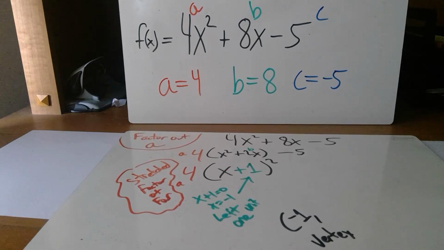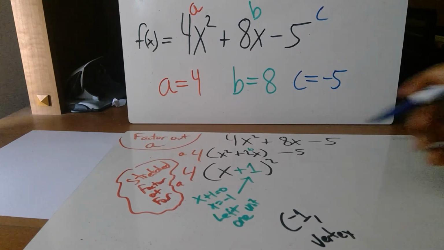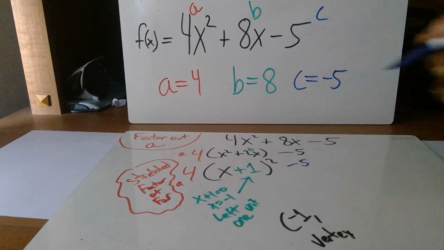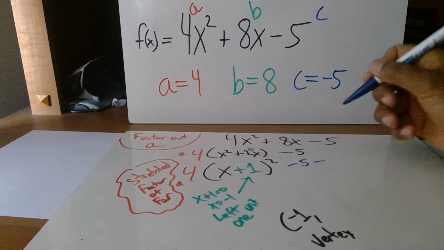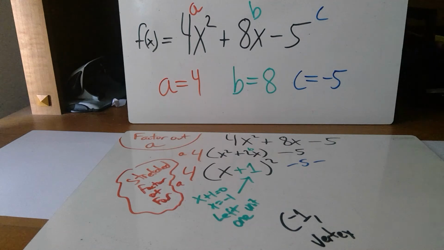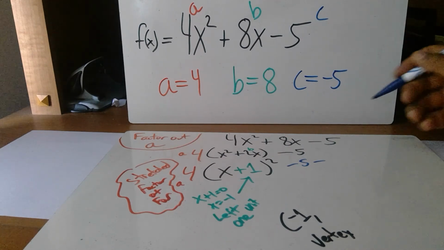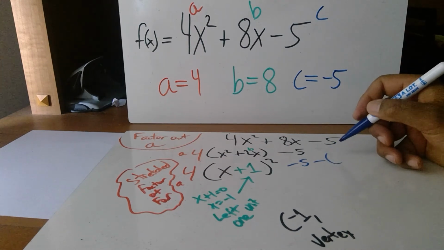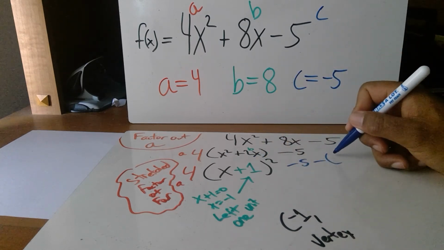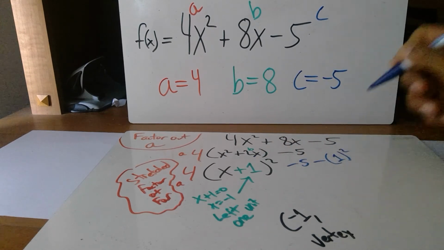Now I deal with C. C was -5. That's not going to change. I'm going to subtract half of B. Half of B, once again, was that 1 squared.